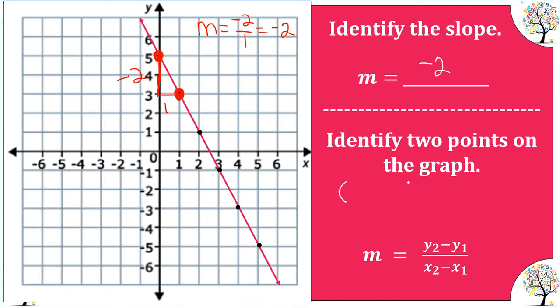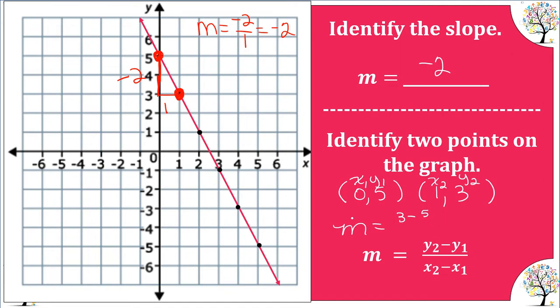Okay, let's list the 2 pairs we used. We used 0, 5, and we used 1, 3. This is our x sub 1, this is our first y value, and this is our second x and our second y. So M for slope is y2, 3, minus, because the formula says to subtract, y1.